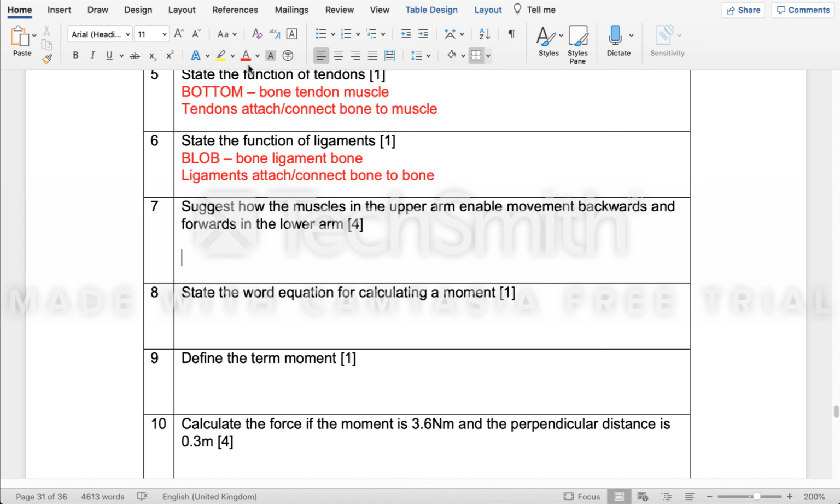Number 7, suggest how the muscles in the upper arm enable movement backwards and forwards in the lower arm. This one is worth 4 points, which means that it's going to be a little bit more of an explanation. You're going to have to say a bit more than just a couple words, and using the correct vocabulary will help you get those points as well. So in your upper arm, you have your biceps and triceps.